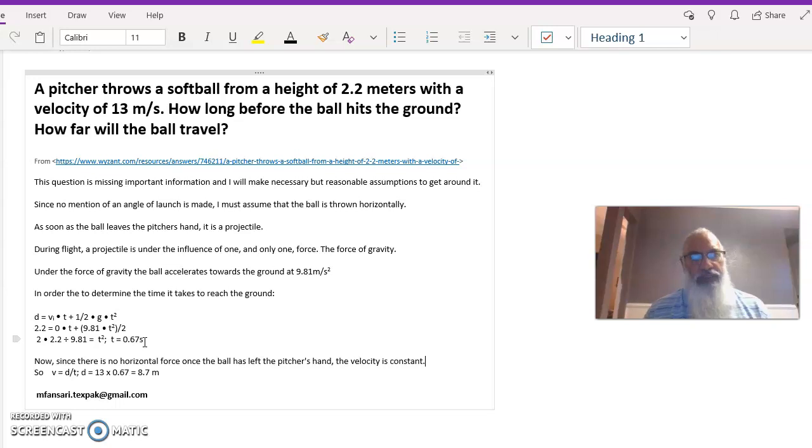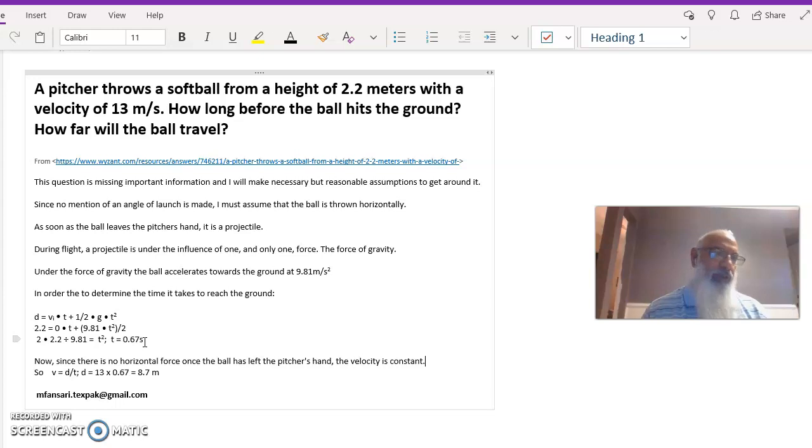So once the velocity is constant, we cannot use the kinematic equations or the equations of uniformly accelerated motion because there is no acceleration. When we try to plug in a value of acceleration and it is zero, it kind of disrupts the solution of the equation. Sometimes it works, sometimes it doesn't. So ideally, we don't want to use it at all.